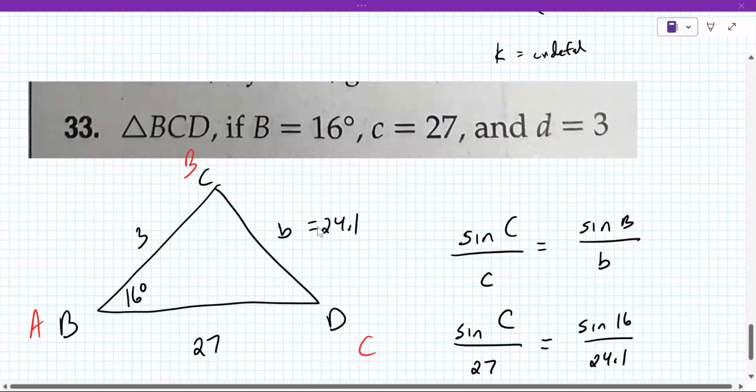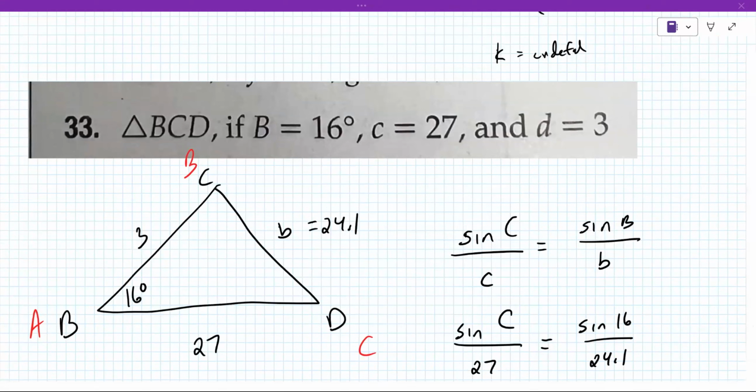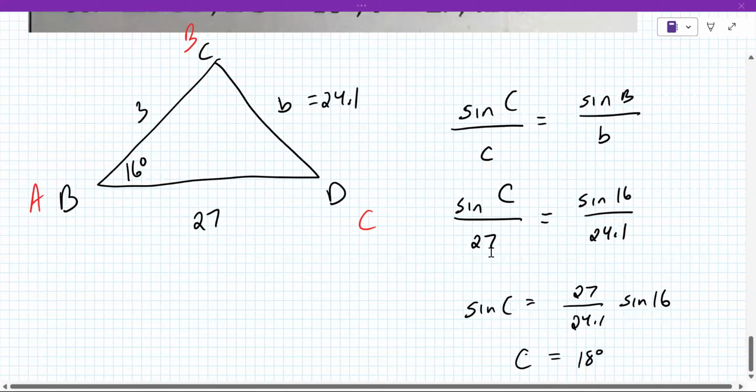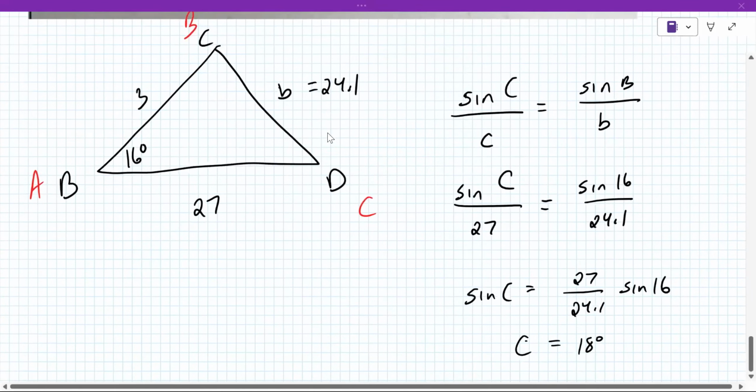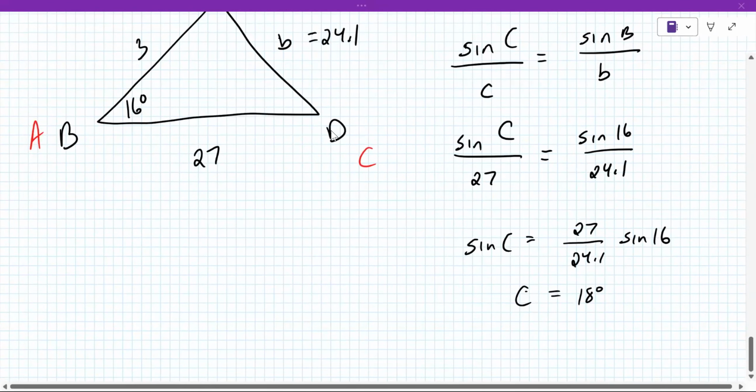Yes, exactly. So 146. 18 and 16, 34. Yeah, 146. Yes.